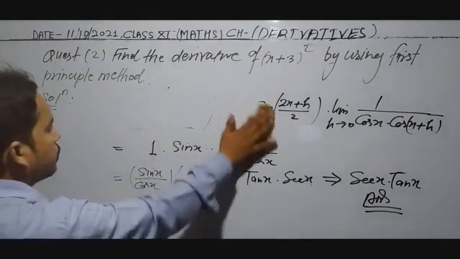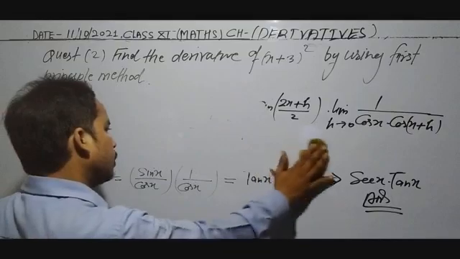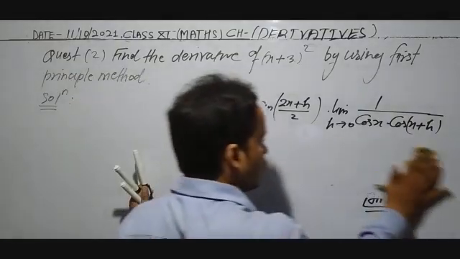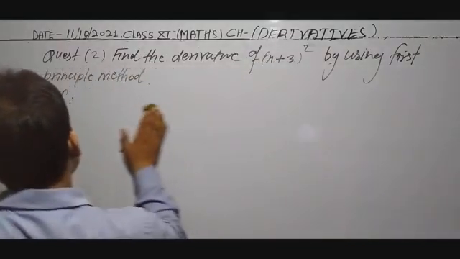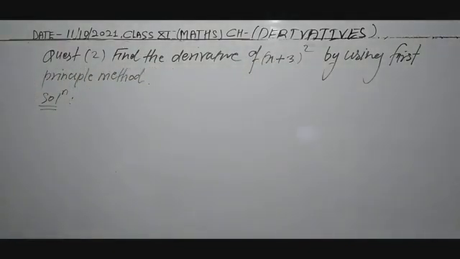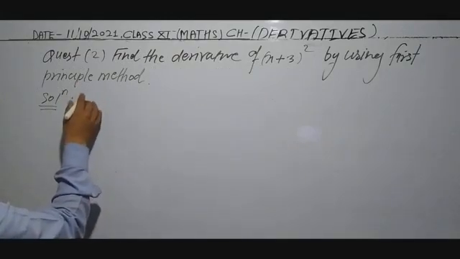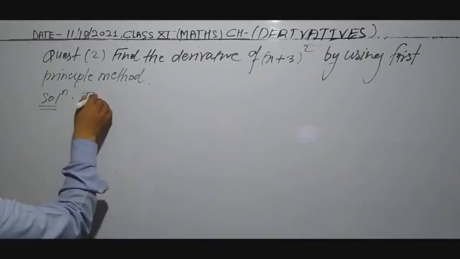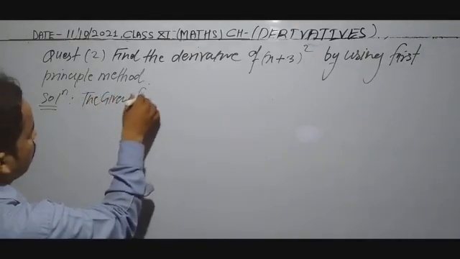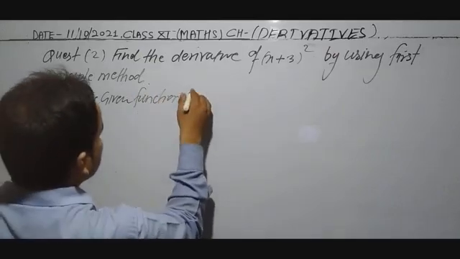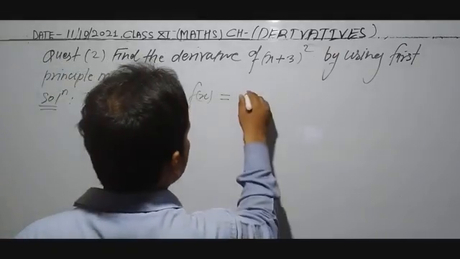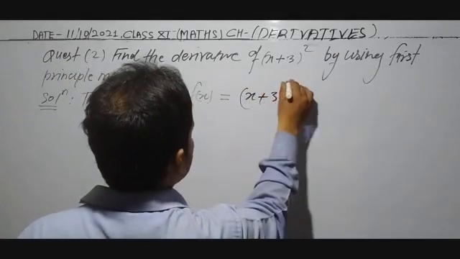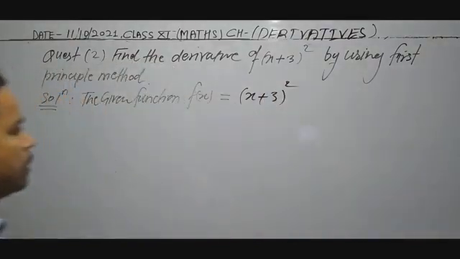So see, so given function f x we can write, this is given (x plus 3) whole square.